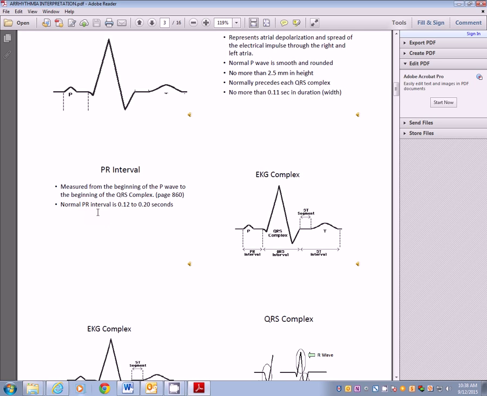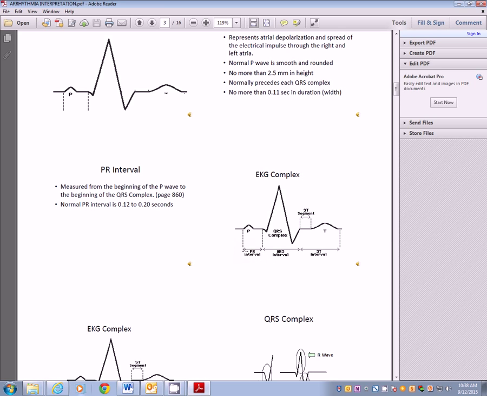The normal PR interval, this is the first thing you're going to have to measure with everything, is 0.12 to 0.20 seconds. So from the start of the P wave to the start of the QRS complex, the PR interval should be no more than 0.2 seconds.